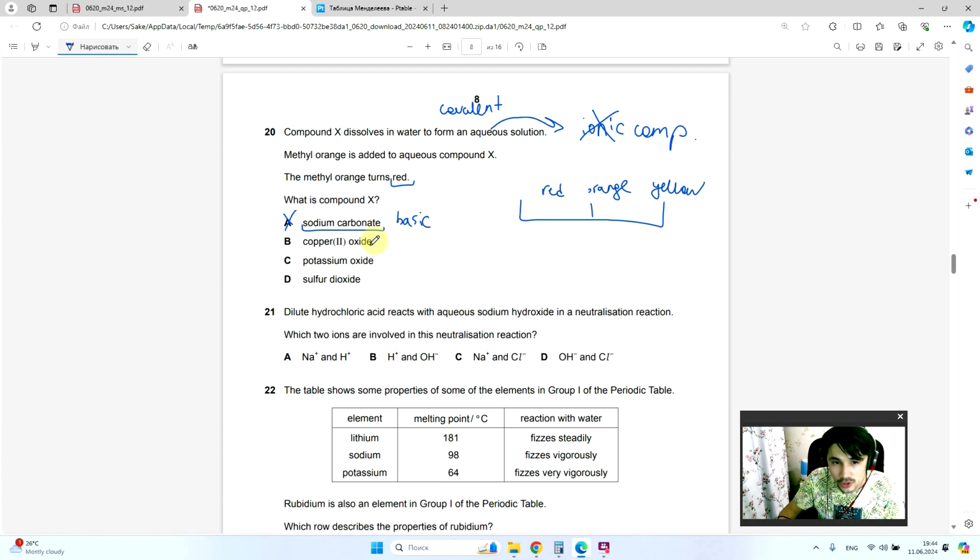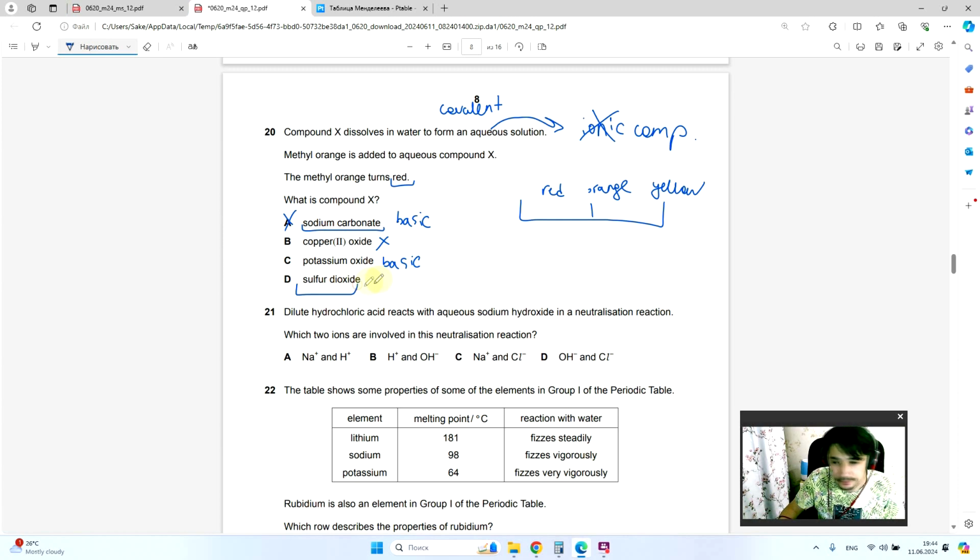Even if you don't know that, so copper oxide is a basic oxide which is insoluble in water, and whether it's soluble or not, it cannot change the solution into acidic. Potassium oxide, it's ionic substance that can be soluble in water. It's soluble and it produces potassium hydroxide, which is a base again, and it's not our option.